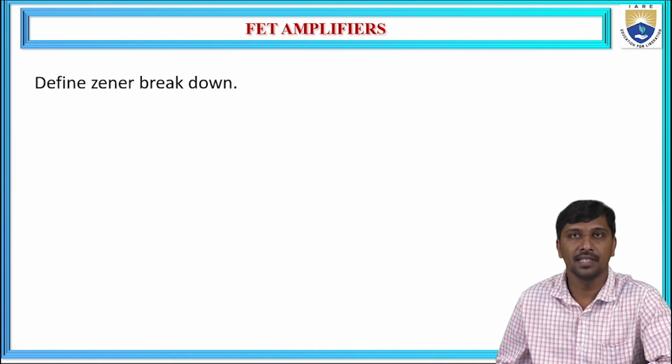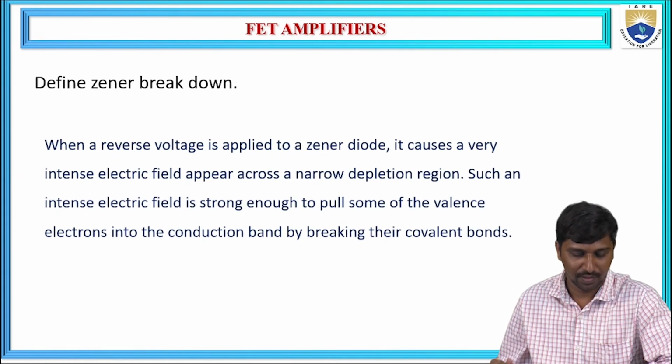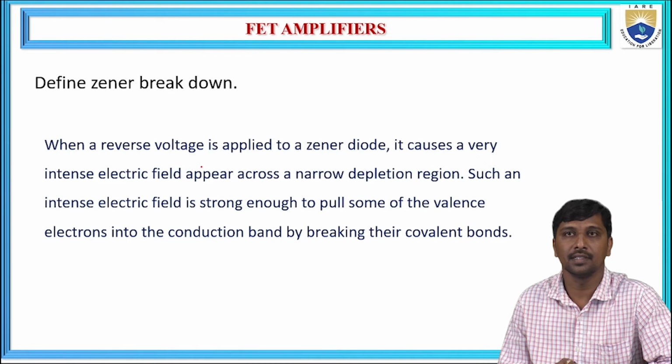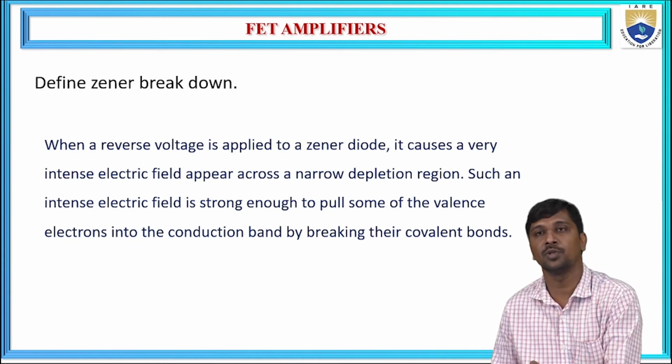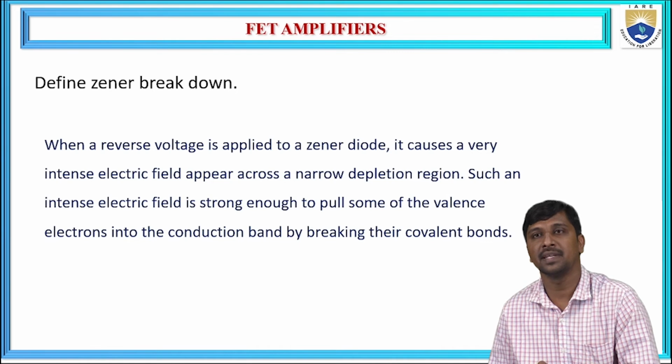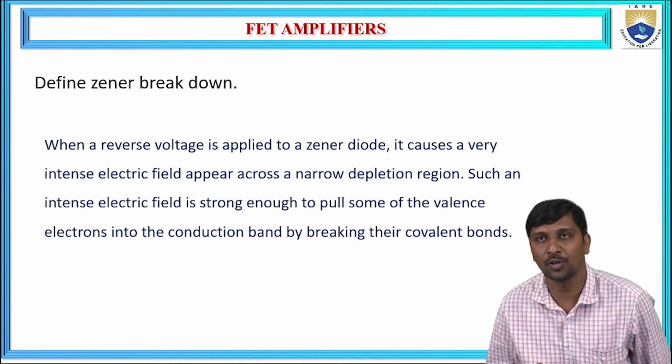Define zener breakdown. What is zener breakdown? When a reverse voltage is applied to the zener diode, we know that in an avalanche breakdown in a normal diode, when the reverse voltage increases for a PN junction to a particular value, it breaks down the diode operation.